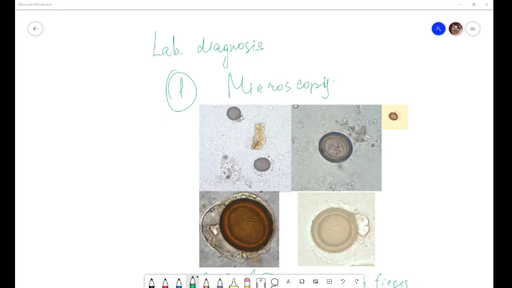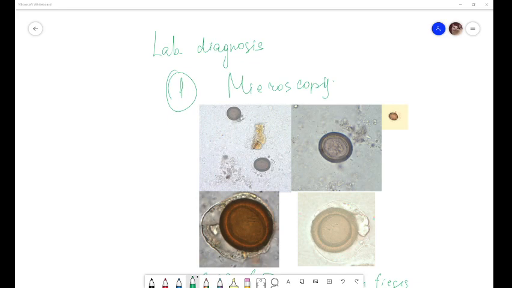First of all, you can do microscopy of human feces. In human feces you can find eggs of these parasites, and you can find proglottids of this parasite.